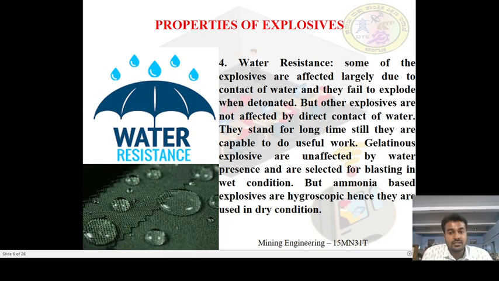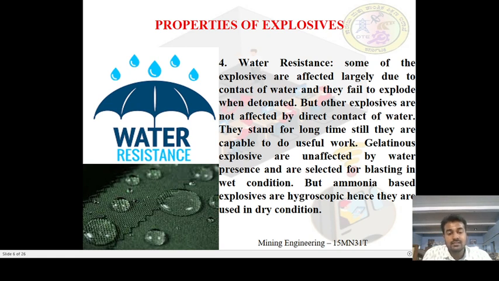The next, the water resistance property of an explosive. Here we know the explosives which can absorb water could fail to explode. In such cases, there could be loss of explosives, there could be misfire.